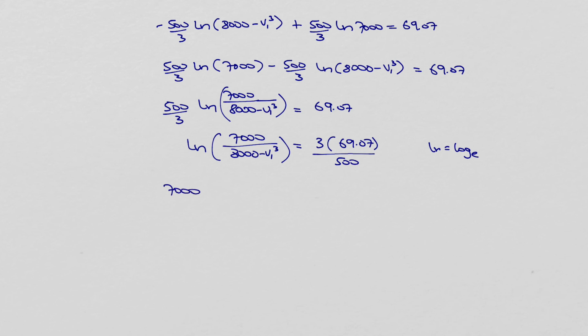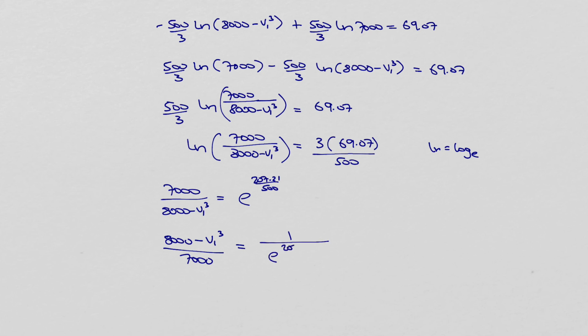So therefore that's going to be 7,000 over 8,000 minus v1 cubed is equal to e to the power of 207.21 over 500. And then I want to rearrange to get v1 on its own. So if I invert that, that's going to be 8,000 minus v1 cubed over 7,000 is equal to 1 over e to the power of 207.21 over 500.